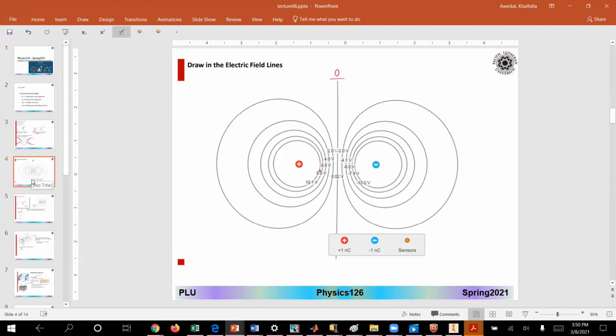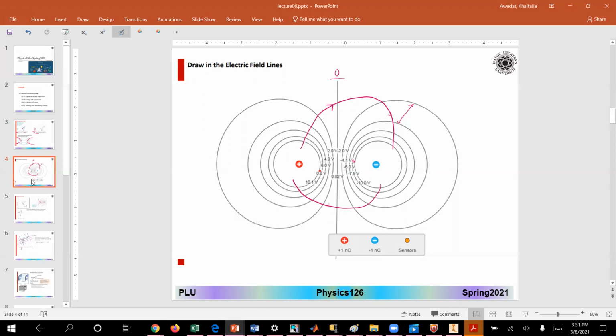One thing you need to keep in mind: when the equipotential lines are very close to each other, the magnitude of the electric field is large. When the distance between equipotential lines is large, that's where the electric field is less. As for direction, we mentioned it should go that way. What direction? The direction should be in the direction of decrease of the equipotentials.